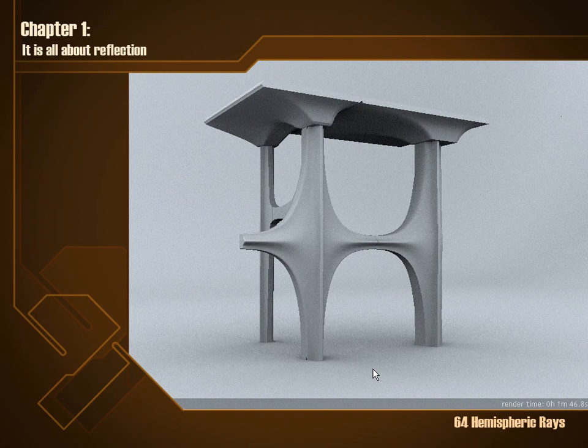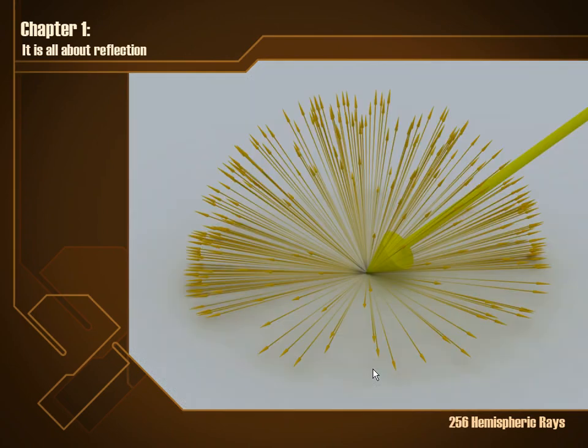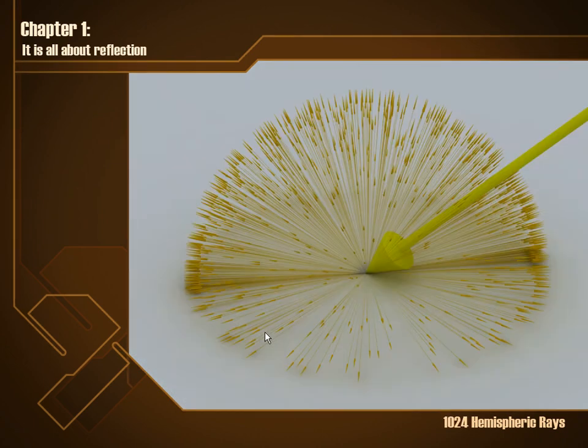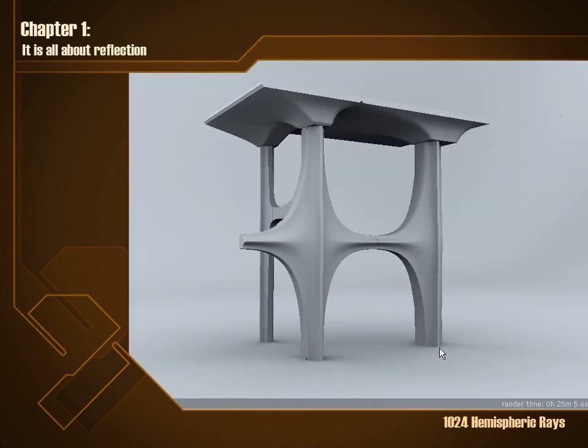And let's push this even further, and take it up to 4 times as many rays again. So let's go to 256 rays, and now it's much better. There's still some grain here, but let's see if we can push this even further, and go from here to 4 times as many rays again, and we'll go to 1,024 hemispheric rays, which is obviously a much larger scatter.